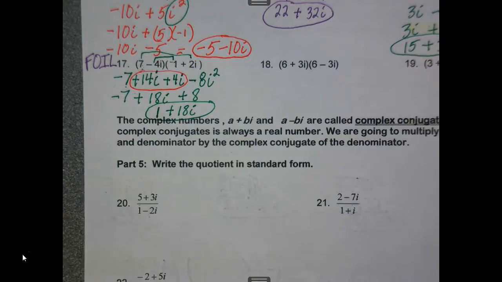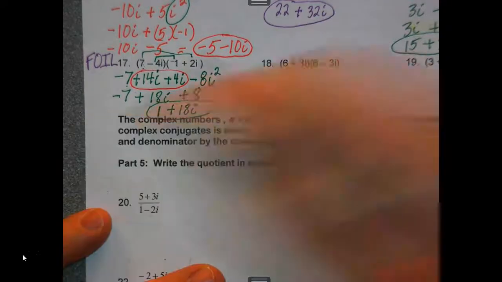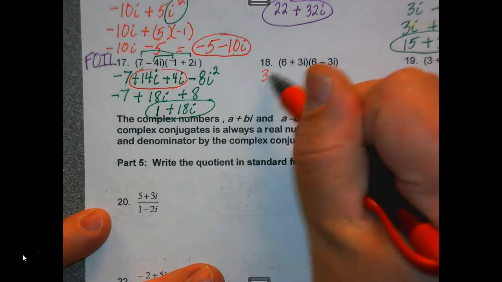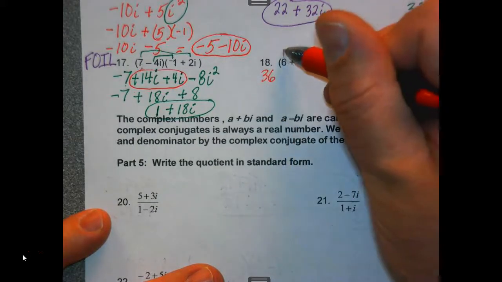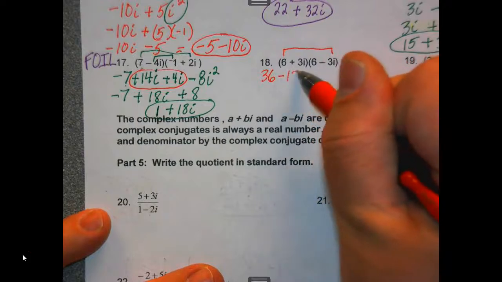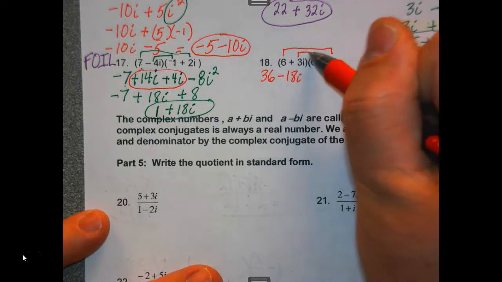Okay, I have a binomial times a binomial. 6 times 6 is what? Outer, 6 times negative 3i. Inner, 3i times 6.